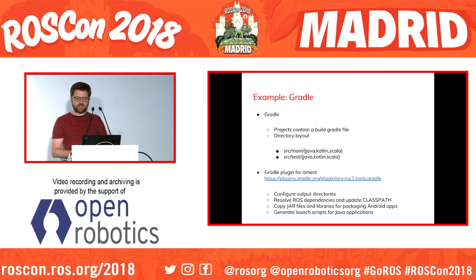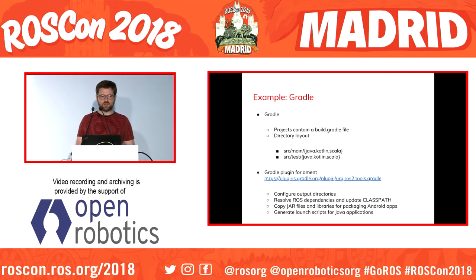So, for example, Gradle, which is a build system for Java. Gradle projects follow a fairly simple convention. They have a build.gradle file on top that describes the builds. You have a directory layout where you have to put your code for Gradle to find it. However, integrating ROS Gradle projects into Ament and Catkin requires more logic.